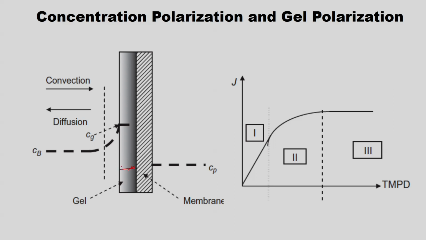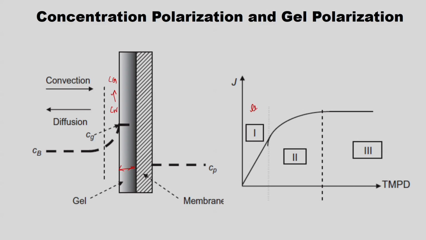So, this is what happens. This is the gelation layer. So, convection and diffusion, you already know, Cb. This is near the membrane, Cw, but now the Cw increases to the critical value of Cg. There your permeate flux has become constant, and with a further increase in TMPD you will not see any increase.